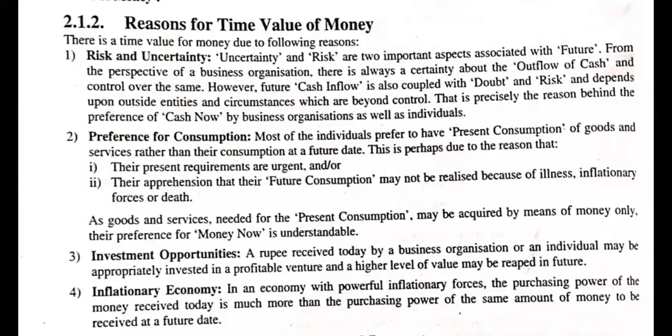These are two aspects associated with the future. From a business perspective, if a businessman is investing money, he will want to invest in safe securities like debentures, bonds, or other instruments where he will get interest, there is a low amount of risk, and it can even be helpful during uncertainties.